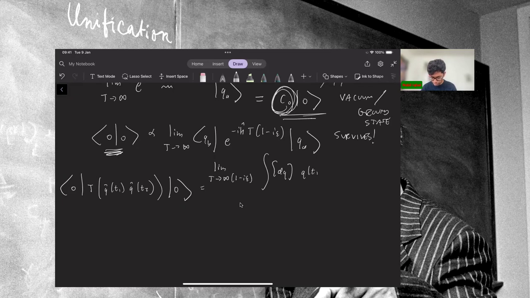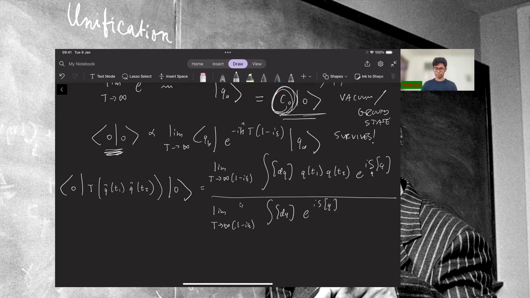In the numerator, you do q of t1, q of t2 times e to the iS of q. Okay. But this includes some imaginary time. And in the denominator, you do the same thing, but you don't put the q of t1, q of t2. Okay. And this is how you calculate this time-ordered expectation value in the vacuum.